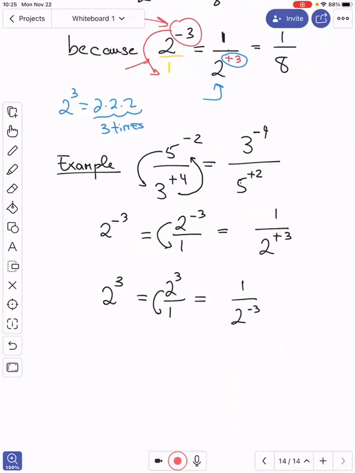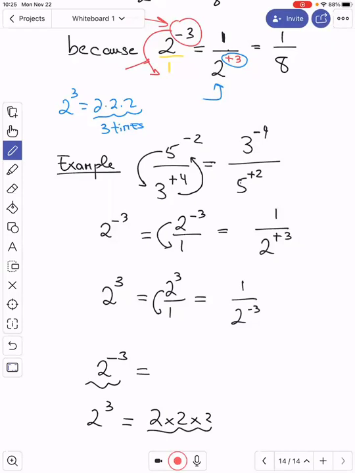In my example, I had 2 to the power negative 3, right? And I want to compute this thing. If it was 2 to the power positive 3, then I know it's 2 times 2 times 2, 3 times. Now I want to compute this 2 to the power negative 3, and I don't really know how to compute a number with a negative exponent.